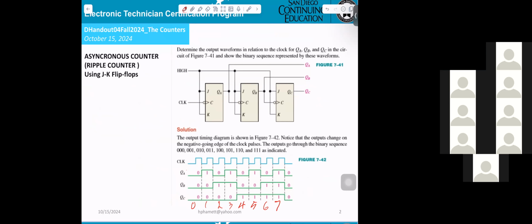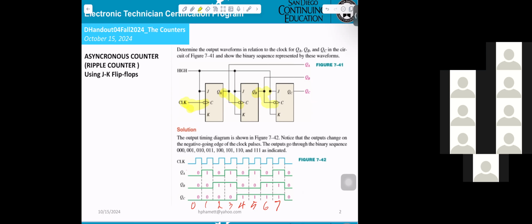Now, this is what we call a ripple counter. How? This is the clock here. It goes to the first one, but not to the next one. The output here goes to the clock of the second, and the output of that goes to the clock of the last one.